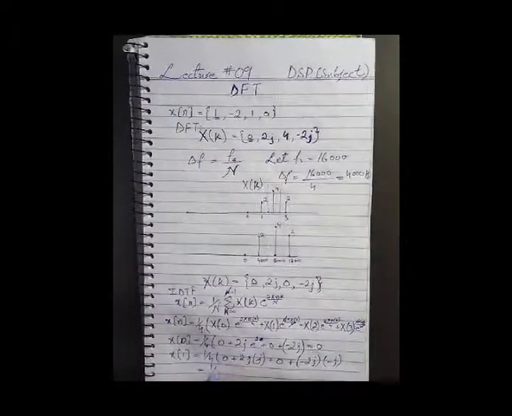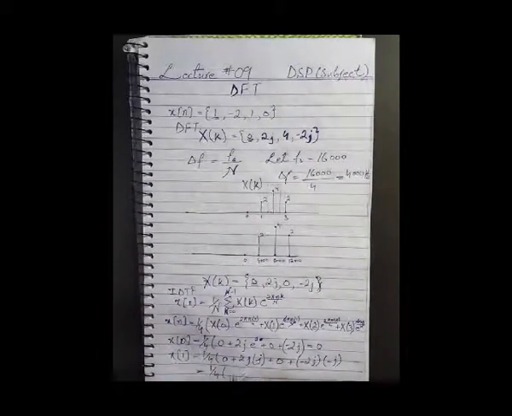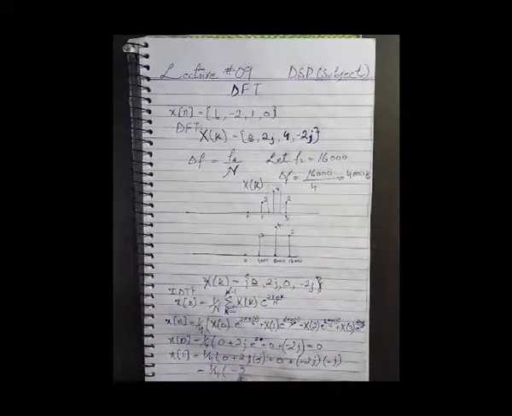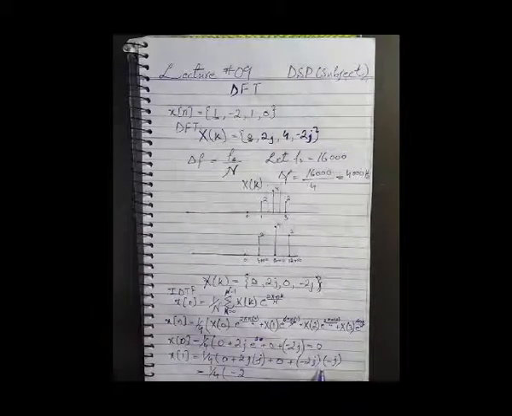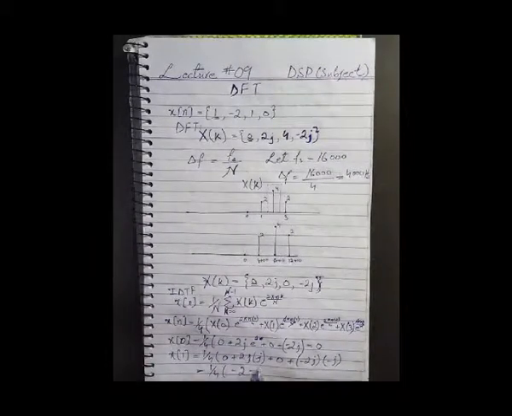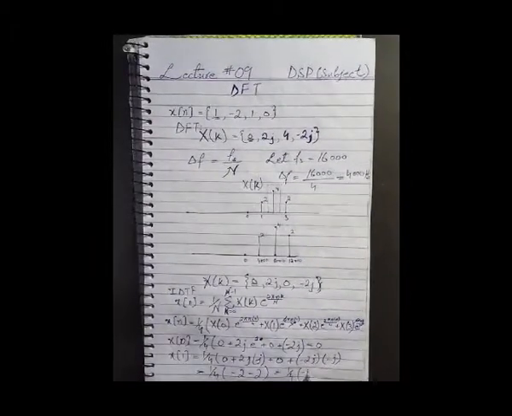So we will get 1 by 4, and here we get minus 2 because this is j square, and it is minus 2, and here we have again minus 2, so we'll get 1 by 4 into minus 4, and we get minus 1.